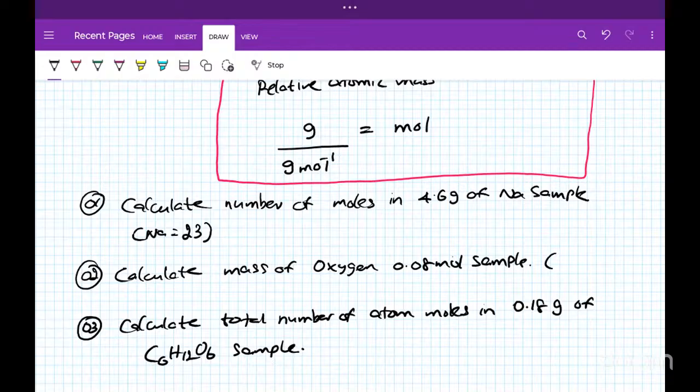Here for the second one, oxygen is 16. For the third one, carbon is 12, hydrogen is 1, oxygen is 16.